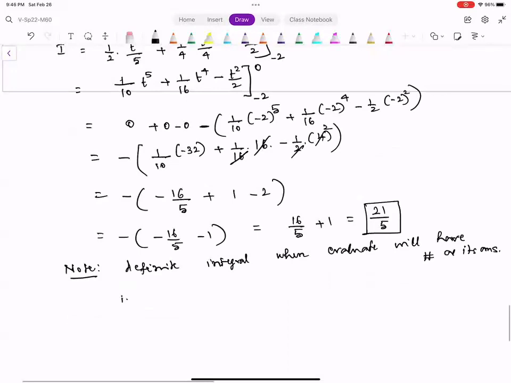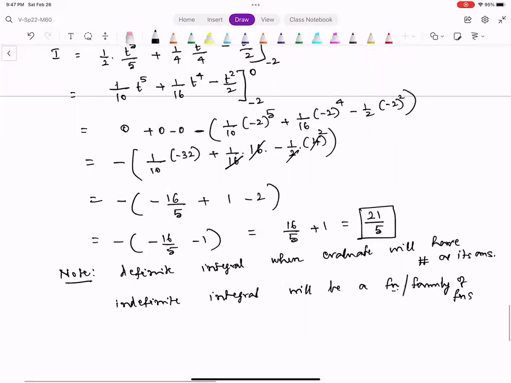But an indefinite integral will be a function or a family of functions, by changing the constant value C.